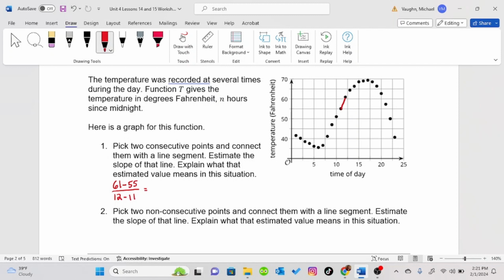So 61 minus 55 is 6. 12 minus 11 is 1. So the slope is 6 degrees Fahrenheit per hour increase.